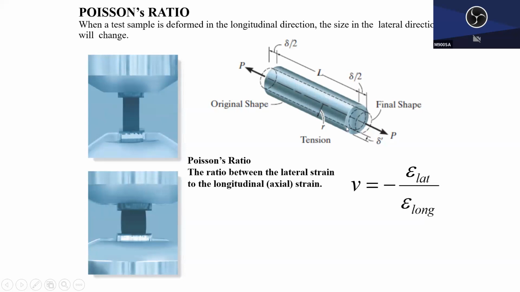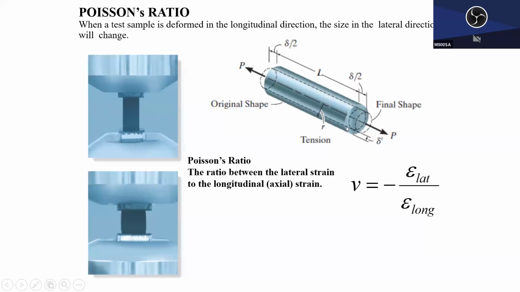If you have a tension test, the axial strain is positive. With tension, the width will shrink, so the lateral strain is negative. If we leave it as is, negative divided by positive will be negative, which looks not so nice, so we put the minus here. Then it will always be positive.